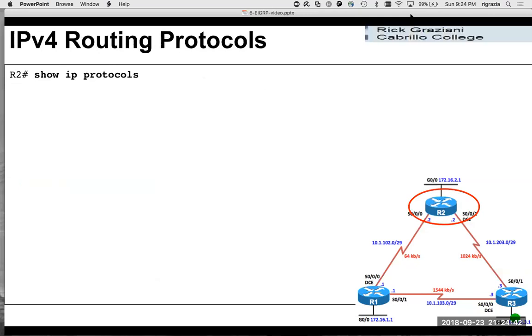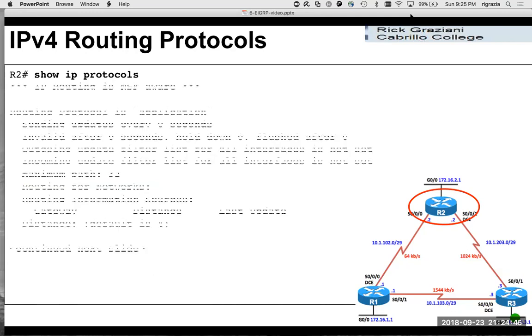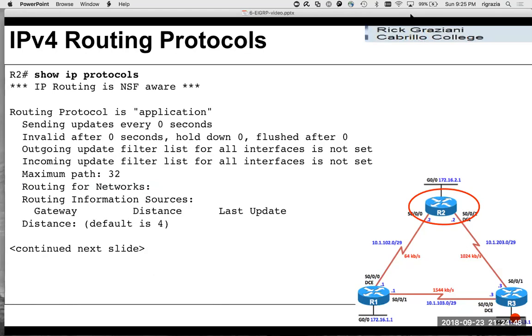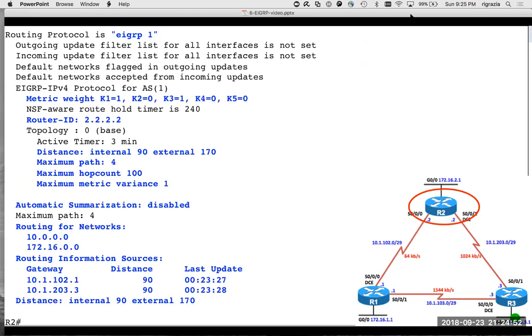Show IP protocols. This tells us what dynamic routing protocols are running on the router. Let's take a look at the next screen here. We can see that it tells us we're running EIGRP, along with the process ID. It gives us those metric weights: the K1 and K3 values are set to 1, which represent bandwidth and delay.